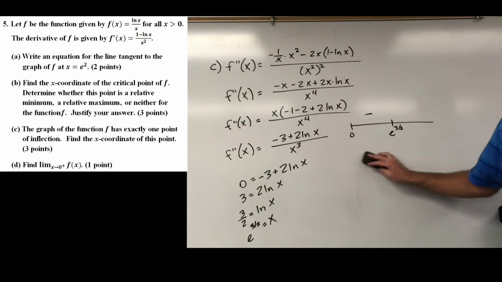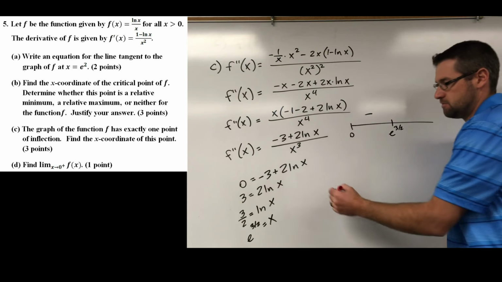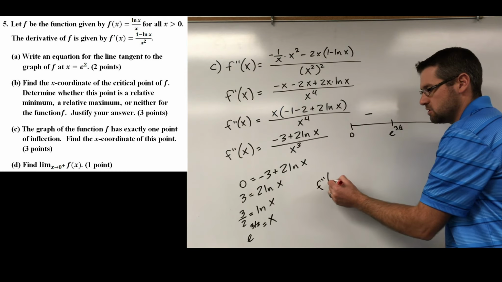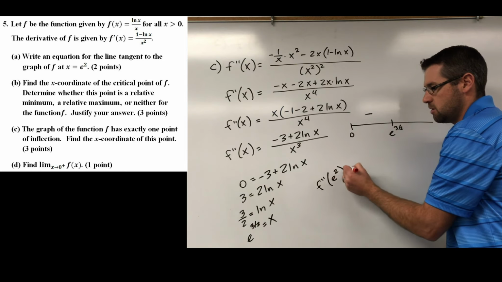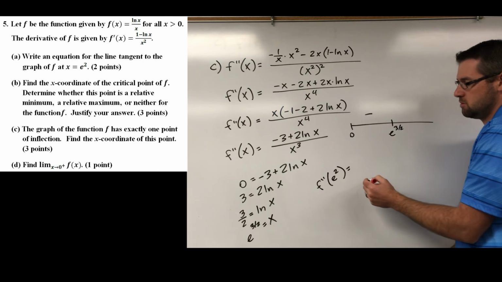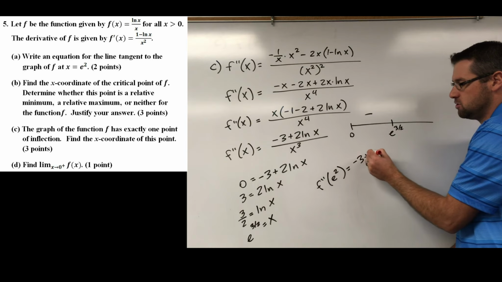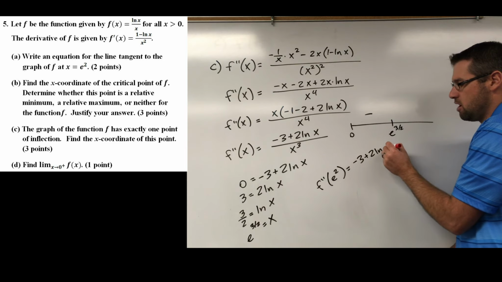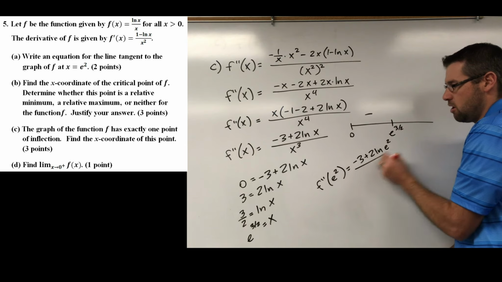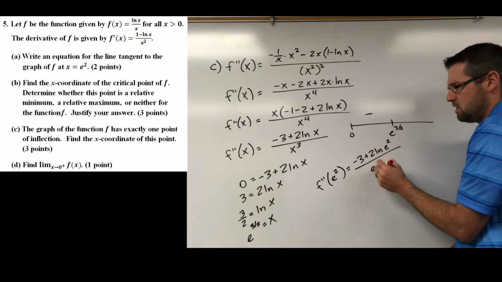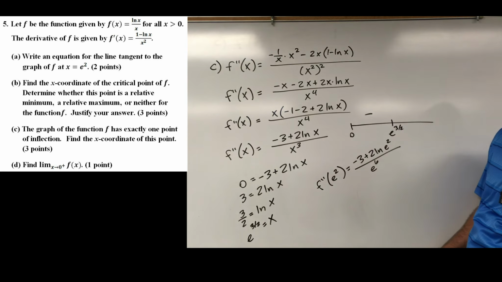What's a number bigger than e to the 3 halves? E squared, just like the last time. E squared equals negative 3 plus 2 natural log of e squared all over e to the 6th.